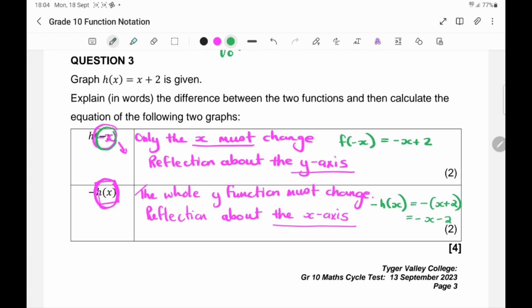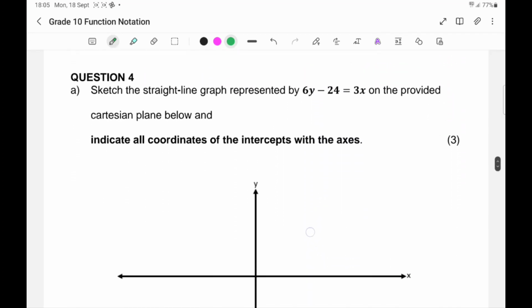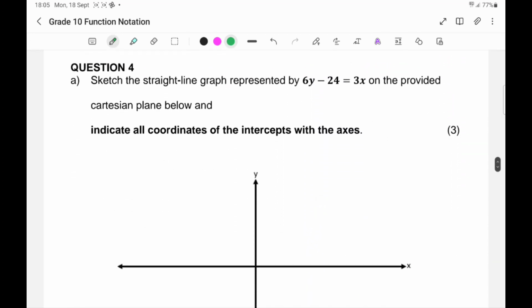Only the x becomes a negative or changes its sign from a positive to a negative. And over here, if the negative is outside the whole function, it means that it's a reflection upon the x-axis, which means both of these signs will change, negative x minus 2. Okay, that's a very good question, a very higher order question. So please have a look at that and understand.